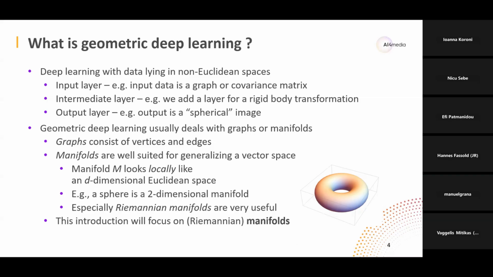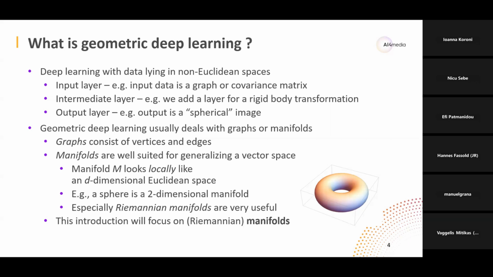For example, on the input layer, you can have the input data as a graph or as a covariance matrix or a rigid body transformation matrix.